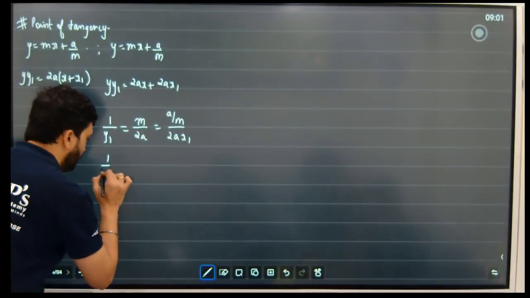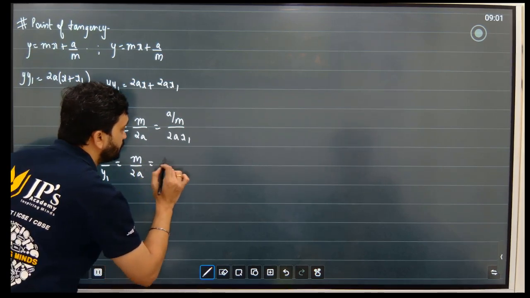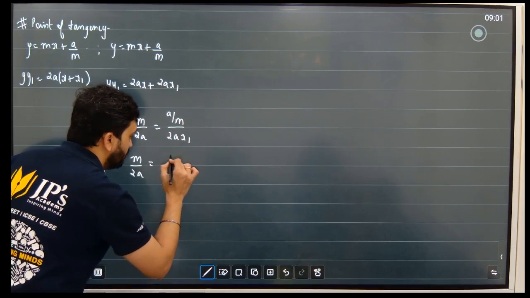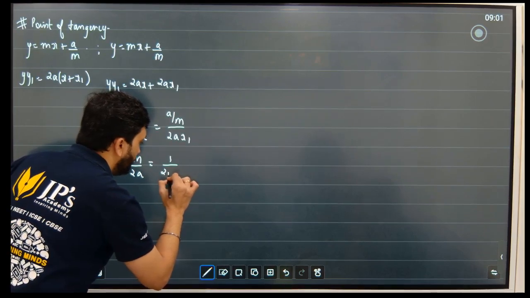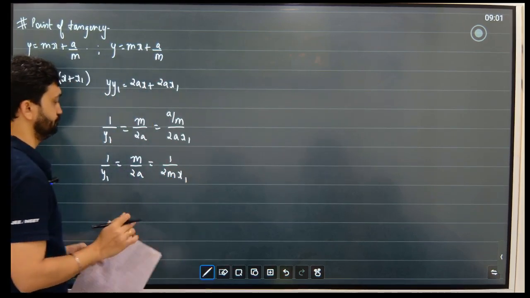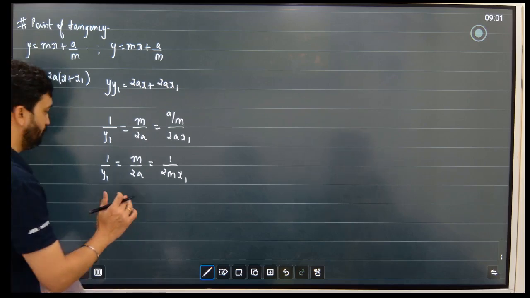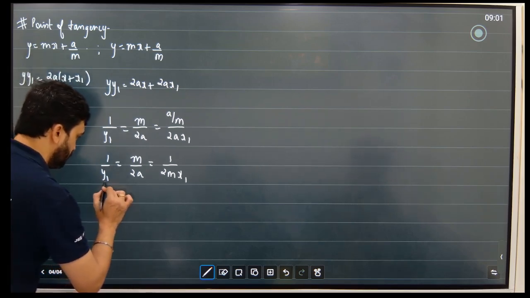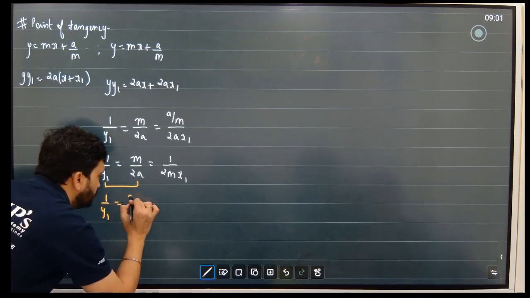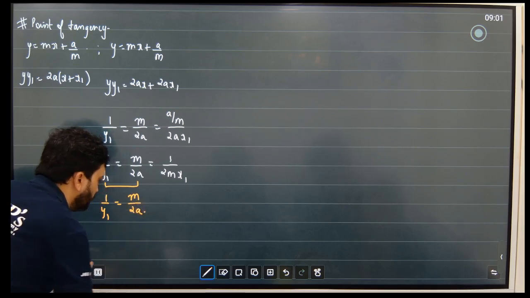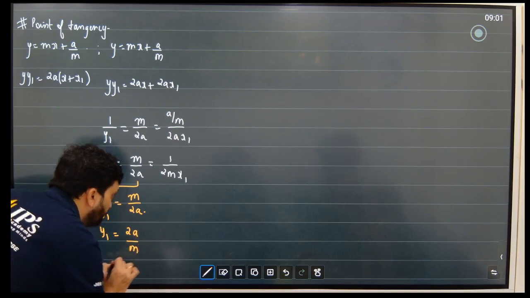So therefore 1 upon y1 is equal to m upon 2a is equal to a by m upon 2ax1. If I equate the first two, I get 1 upon y1 is equal to m upon 2a. Therefore y1 is equal to 2a by m.